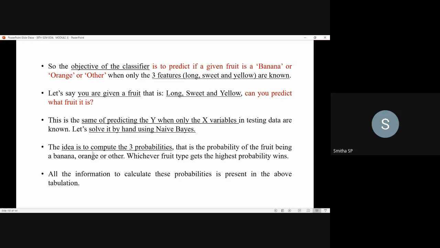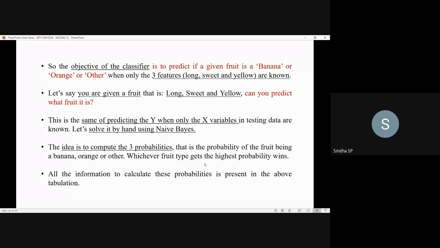The idea is to compute the three probabilities, as I said in the formula. If you compute those three probabilities, you will get a clear picture of the problem you are going to solve, and the solution will be obtained. So the idea is to compute the probability of the fruit being a banana, orange or other.